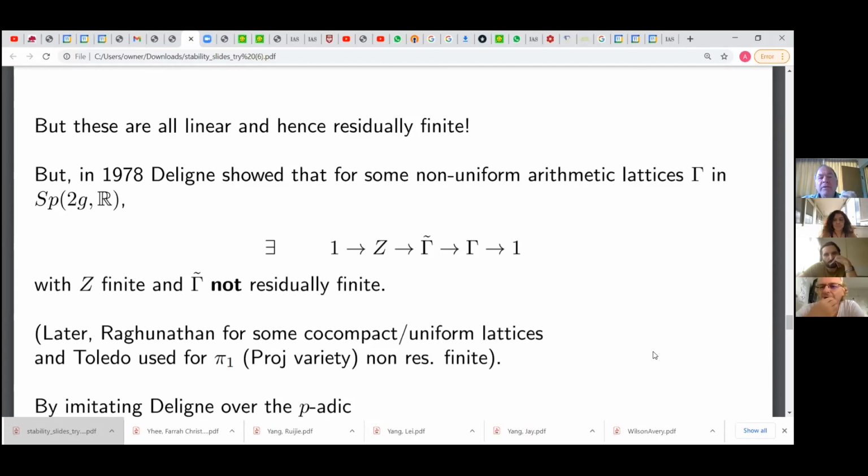So not only for this example of Deligne, but for practically all arithmetic groups with the congruence subgroup problem, this should be an example. That would be a wonderful topic to work on.